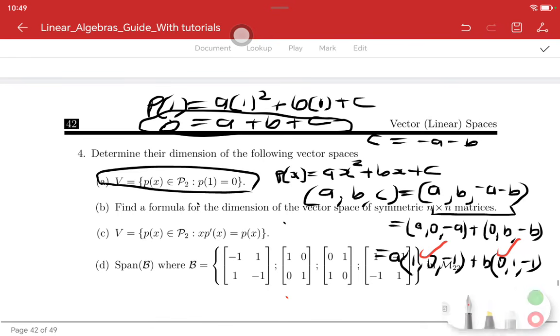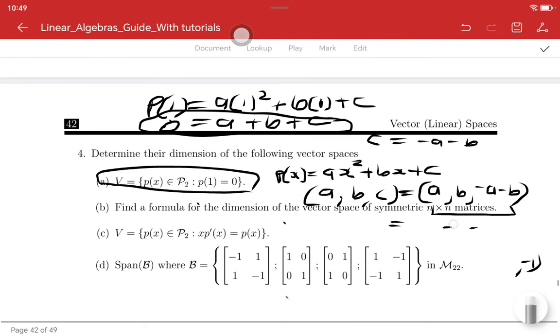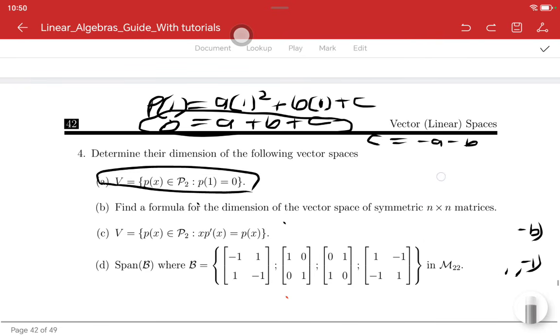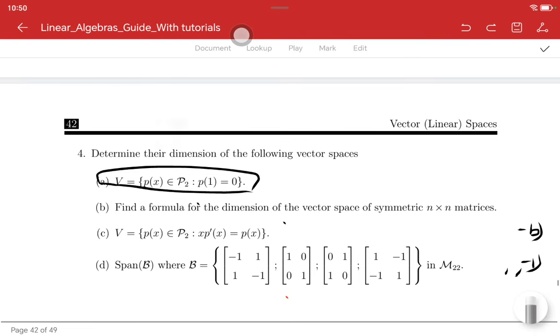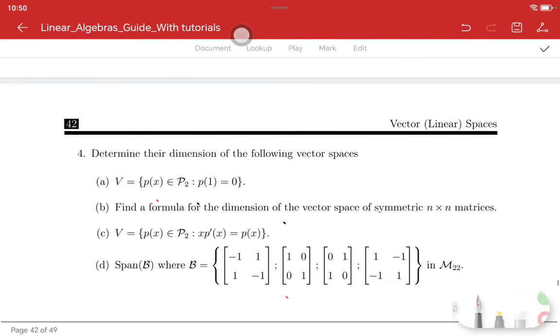So let's see what else we can have. So let me do this. So this one will be in this case, right? Yeah, it's fine. So the dimension of this one would be 2. So you just do it that way. I think that way it's simple to say it's 2 because of this, right?